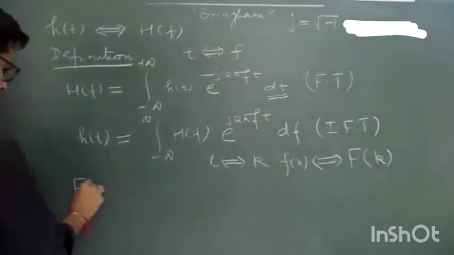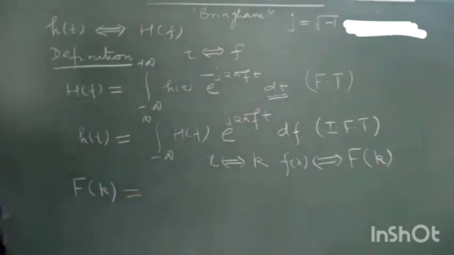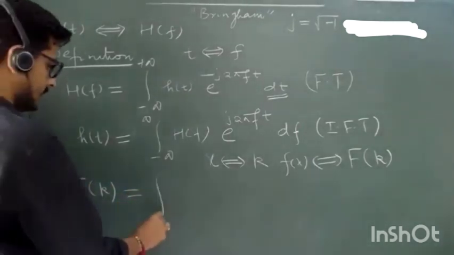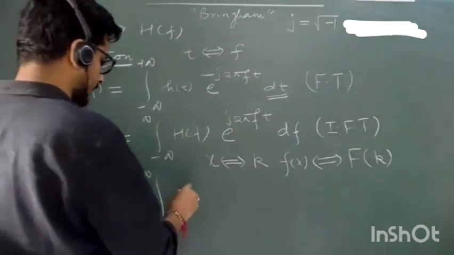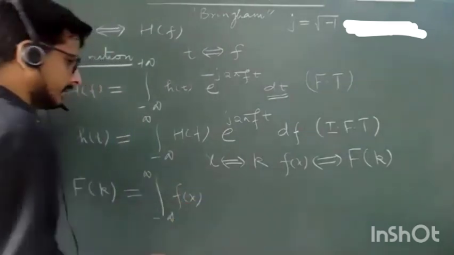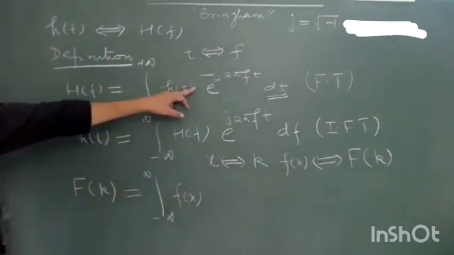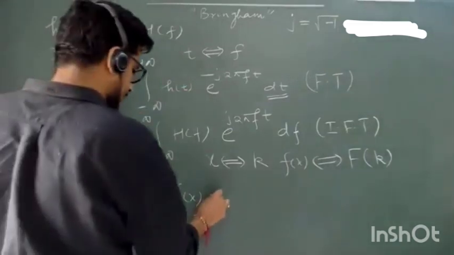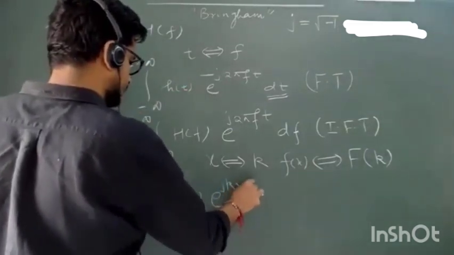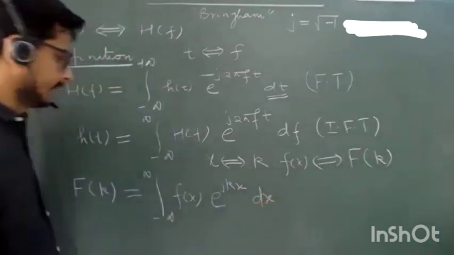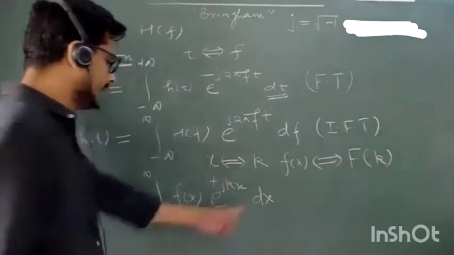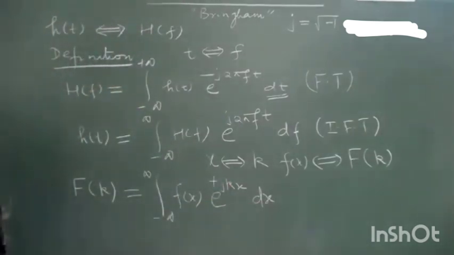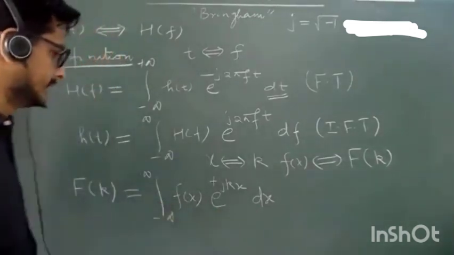So F(k) will be given by the integral from minus infinity to plus infinity of f(x). Here we had a negative sign, and in this I will take j k x dx, so here it is plus. If I do the integral in x, then x will not appear in the final result, only k will appear, because in x we will put the limits.